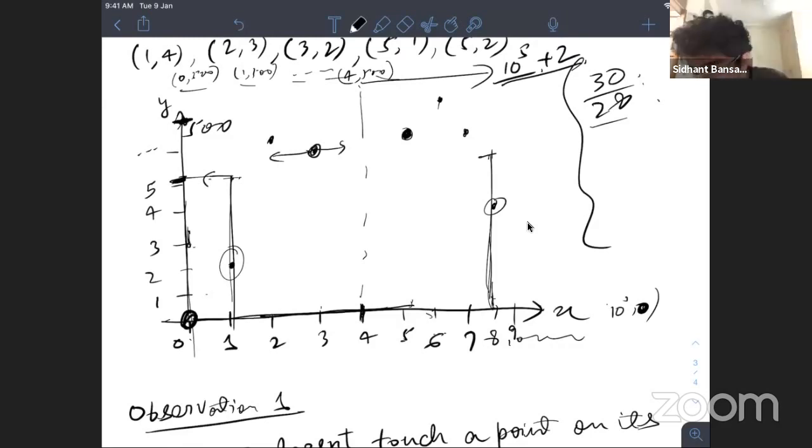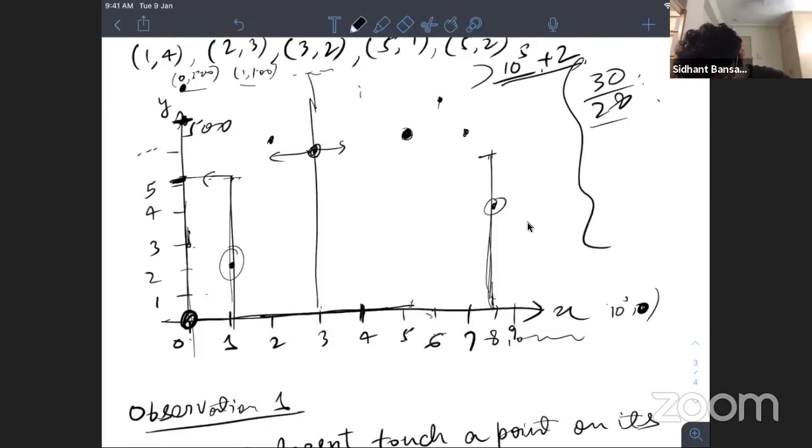Won't just 0, 500 suffice instead of 25 points at the top? No, 0, 500 doesn't suffice because think about this. If you have 0, 500, but you don't have 4, 500, will you ever consider this rectangle? You won't consider this rectangle because when you consider 0, 500, you'll actually end up considering this rectangle.